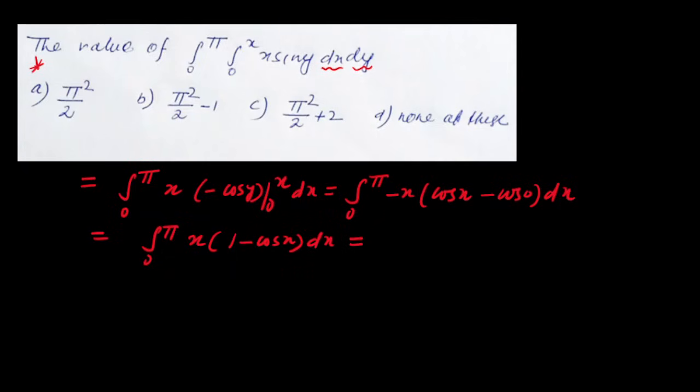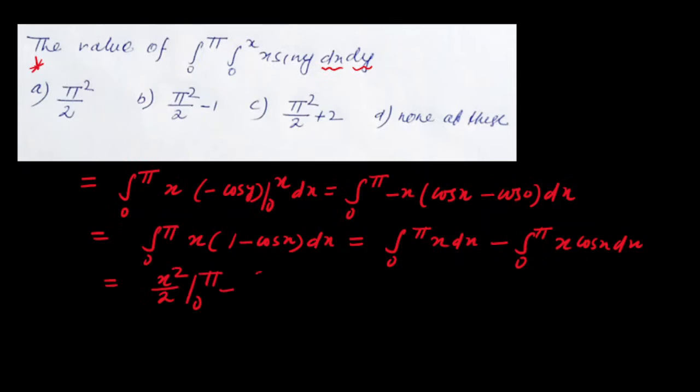Now we have to integrate it. So the first term will be the integral from 0 to pi of x dx, and we also have the integral from 0 to pi of x cos x dx. So the integration of x dx is x square by 2, limit is 0 to pi, and we have to integrate this thing.